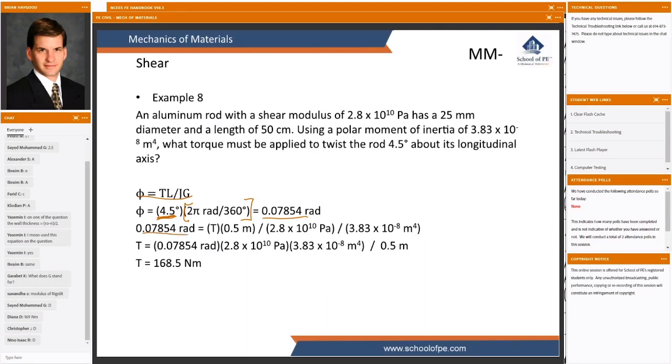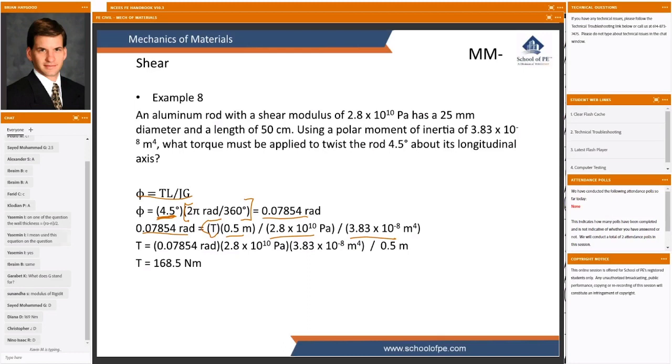So we can enter that. We're looking for the torque. The length is 0.5 meters. The J is, I'm sorry, that's the G. The G is 28 billion Pa, and 38 billionths of a meter to the 4th is our J value. So yeah, 169 Newton meters.